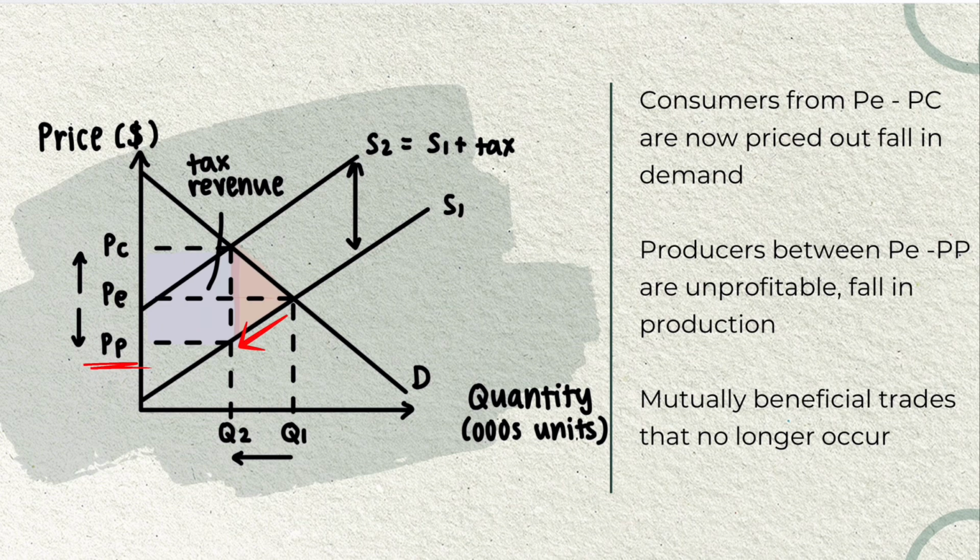Therefore, they don't supply their products to the market. So we know that the consumers are buying less and the producers are supplying less. But before the tax, these were mutually beneficial trades between consumer and producers. And because of the tax, these trades no longer happen.